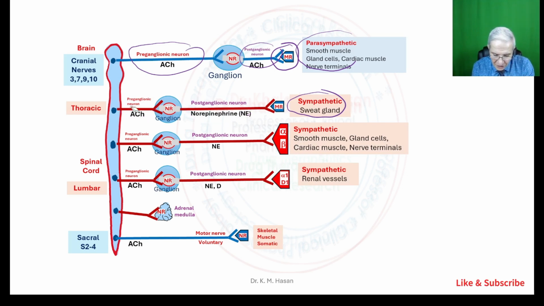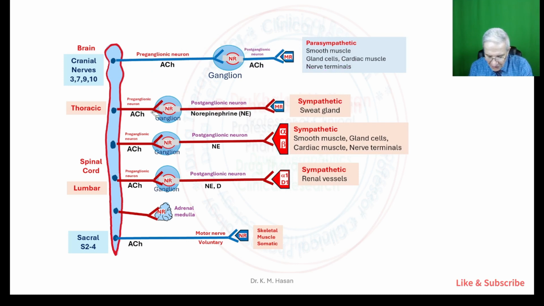I will start with the most popular one, then we move to the less popular. In the sympathetic nervous system, you can see here we have a short preganglionic neuron that releases acetylcholine and stimulates the nicotinic receptor in the ganglia.